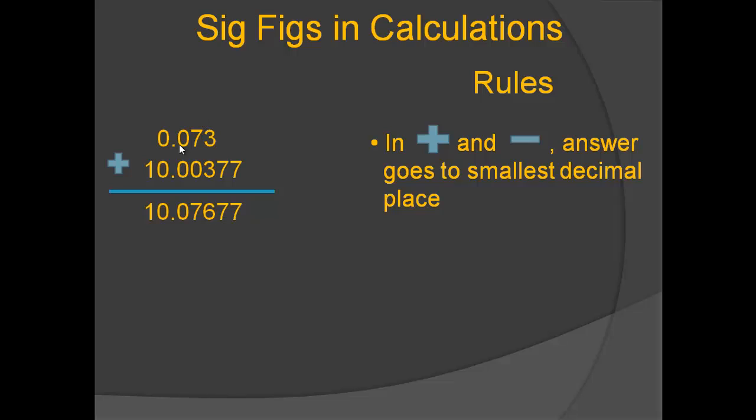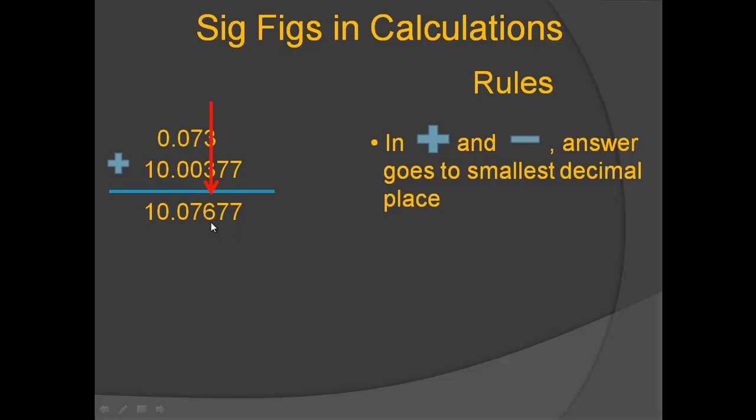It obviously is this one, and if you just in your mind put an arrow down, that's the last spot that you can have your answer to. If you put 0.073 plus 10.00377 in your calculator, you're going to get that entire number, 10.07677, but according to SigFig rules, you can't report all of that number.